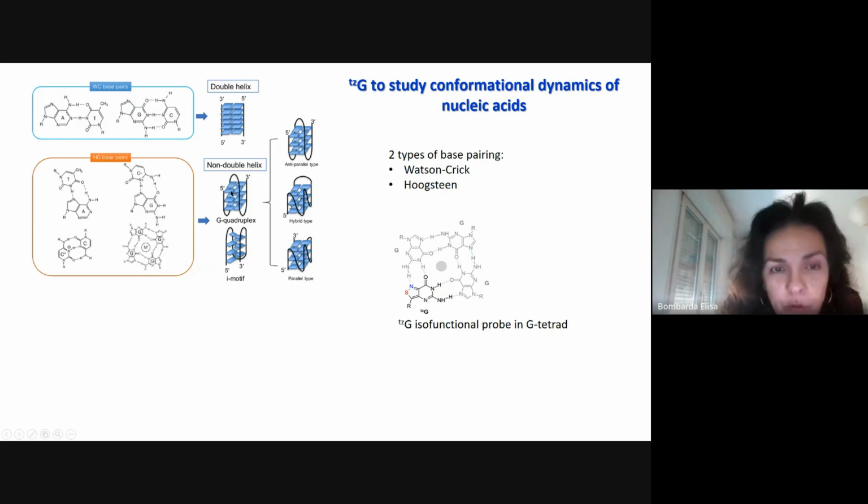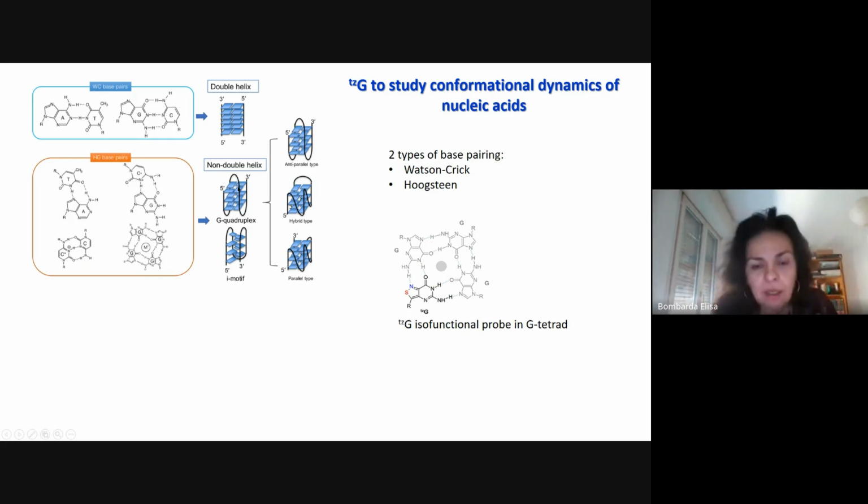That means the G quadruplex can form in sequences rich in guanine, and the guanines, of course, have also to be distributed in a particular order, to allow a guanine to face another guanine to form the quartet. And that is an example of the quartet, or G tetrad, as it can also be said.